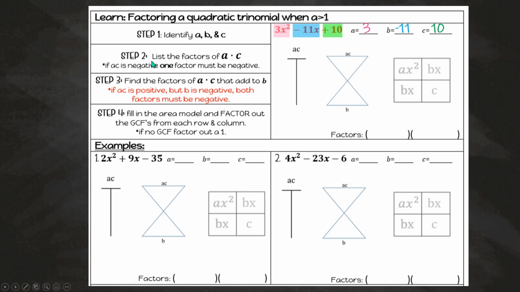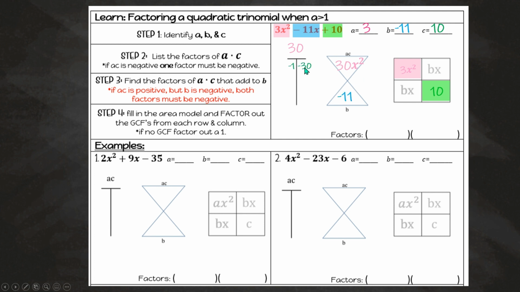Step 2 is to list the factors of a and c. So what are the factors of a times c? So we have to take a and multiply it times c, so 3 times 10. We get 30x squared. What are the factors of 30 that will add together to give me negative 11?